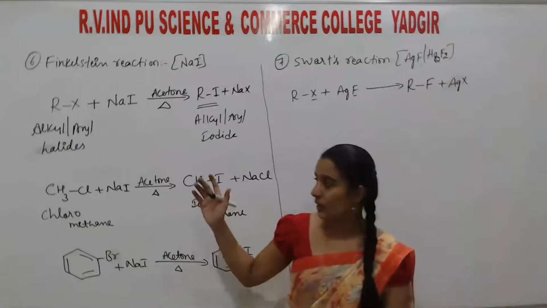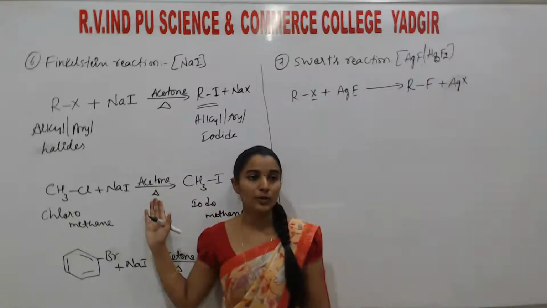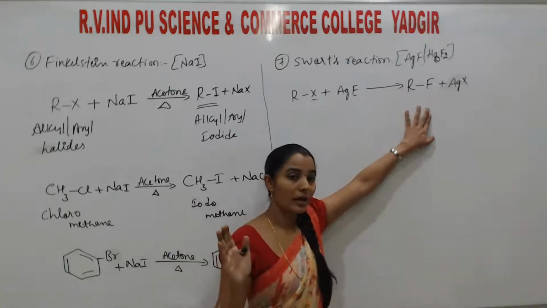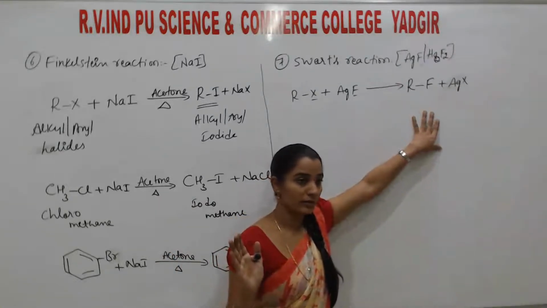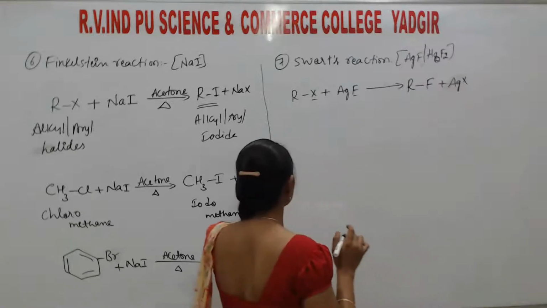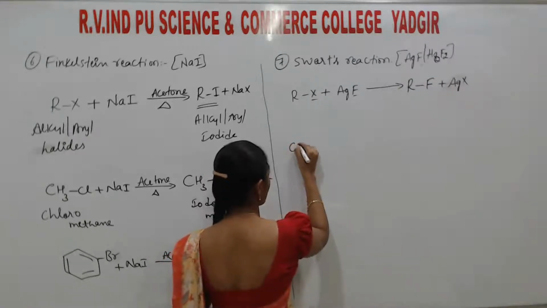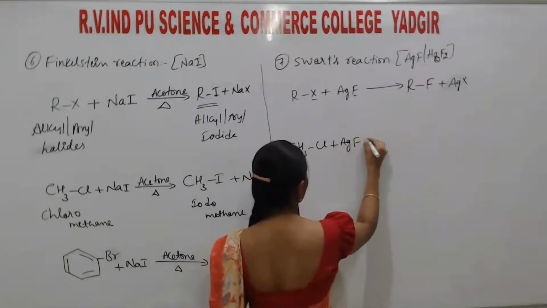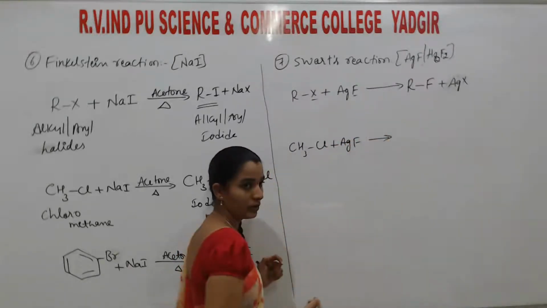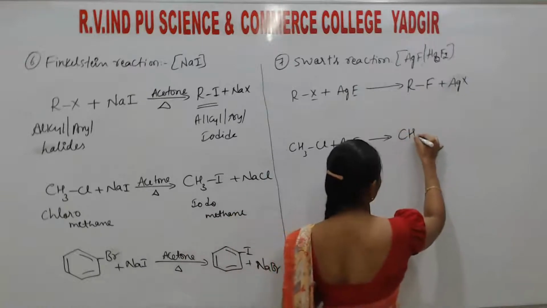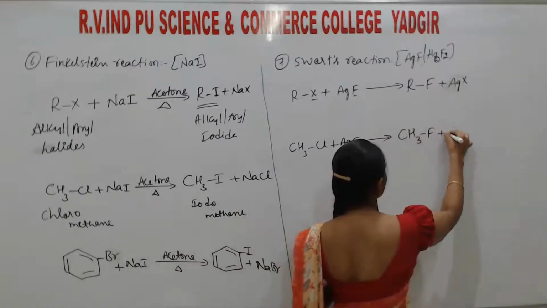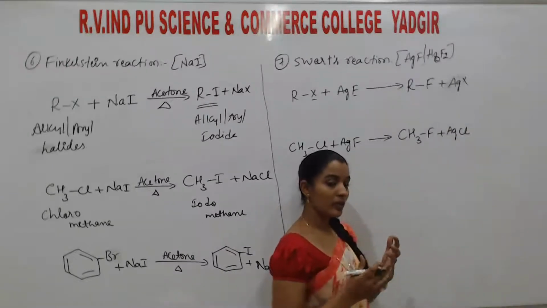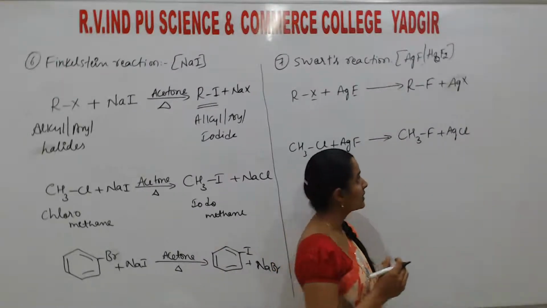Finkelstein reaction is specially to prepare alkyl iodides, and this is alkyl fluorides. Understood? So listen. If CH3Cl is there plus AgF is there, then what is the product formed here? CH3F plus AgCl.